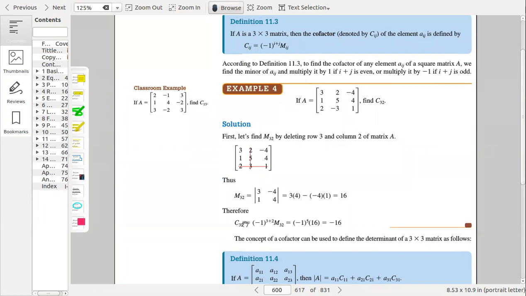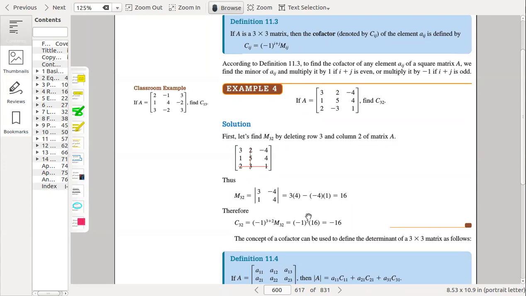Therefore, M32 is equal to 16. To calculate the cofactor, we just have to multiply by minus 1 to the power of the indices. Our indices are 3, 2. So we add 3 plus 2, and we have minus 1 power 5.